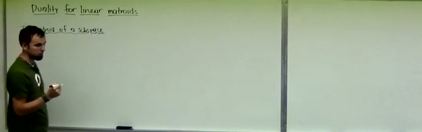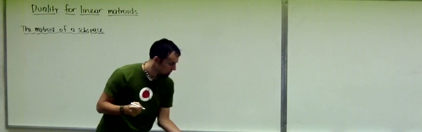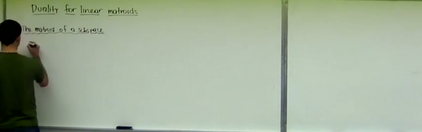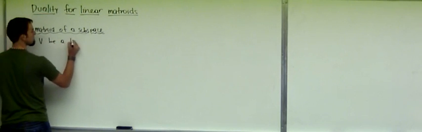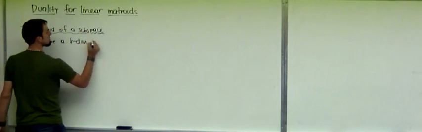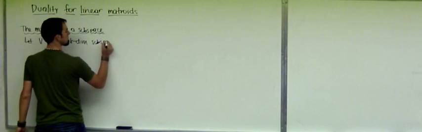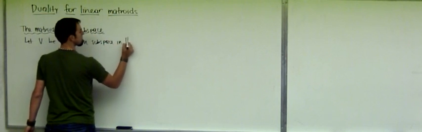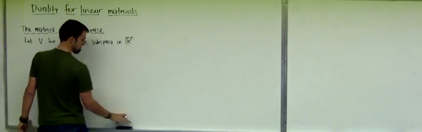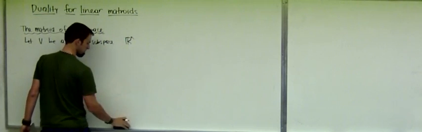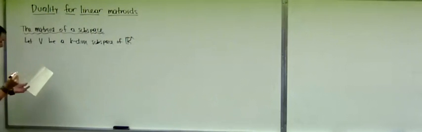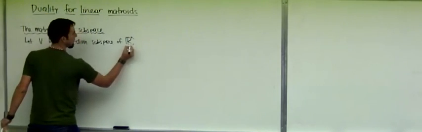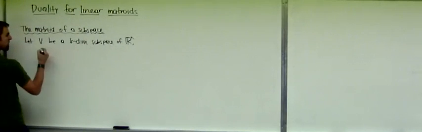So let's say that you have some k-dimensional space in Rn, and let's say that we have a fixed system of coordinates on Rn.